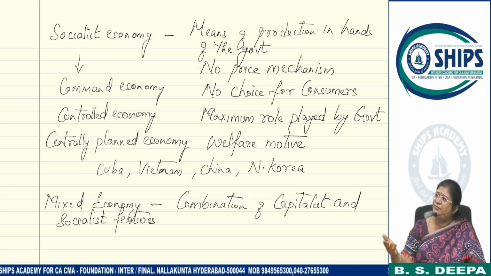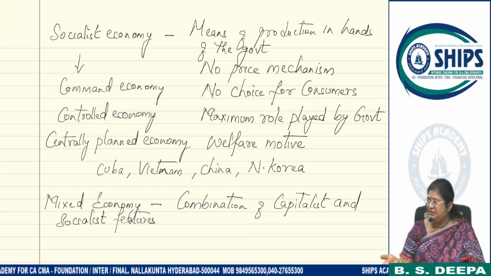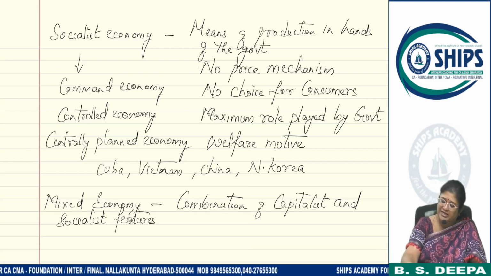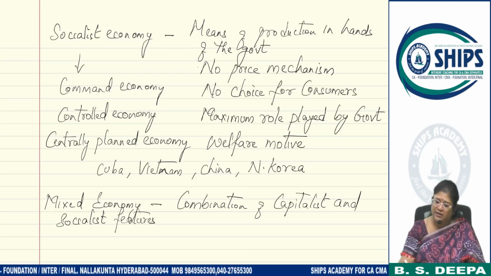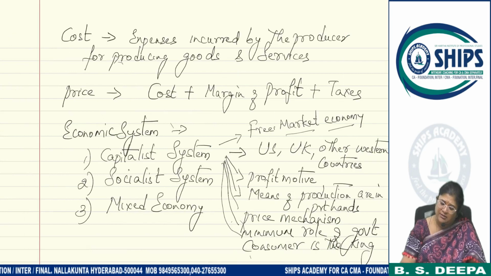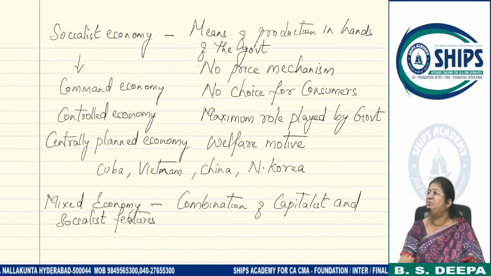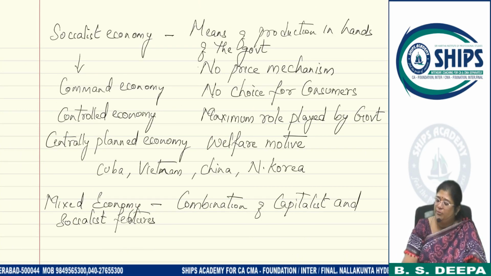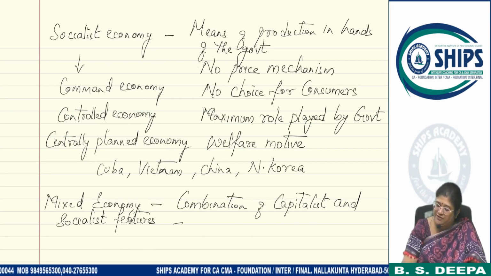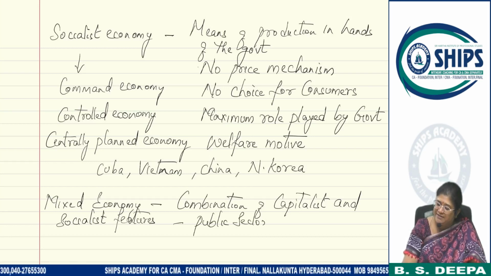And they have profit motive as their criteria, right? And you find that there will be choice for the consumer, where the consumers can choose whatever they want. So that is why this is a combination of capitalist and socialist features. So that is why public sector and private sector, both of them coexist.